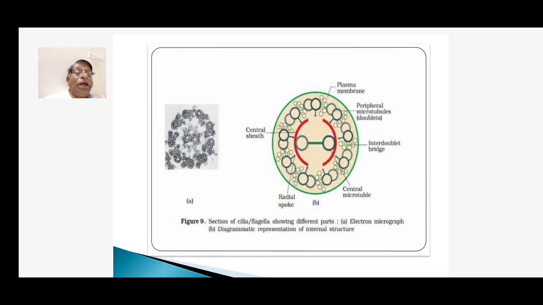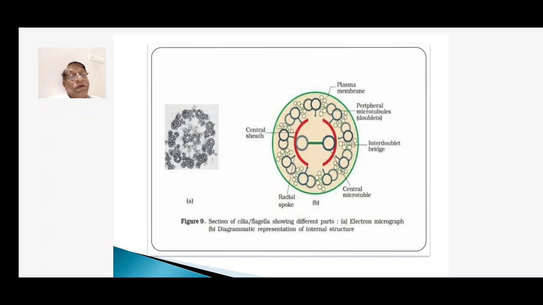There are two in the middle. Along with that there is a sheath. You can see the red colored sheath. Then both are connected by a bridge. Blue color bridge is also there. You can see the bridge also. Then one of the microtubules is connected to the sheath, central sheath. That's also visible.